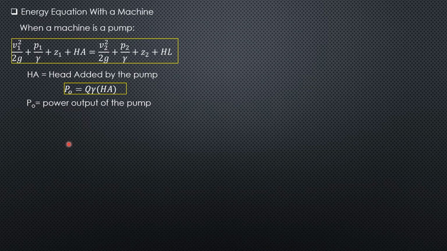So PO is the power output of the pump. When a machine is a turbine, the input is coming from the water, if it's hydro. If the source is the elevation of water, the head of water, then the equation would be: the head extracted by the turbine should be placed at the right side.